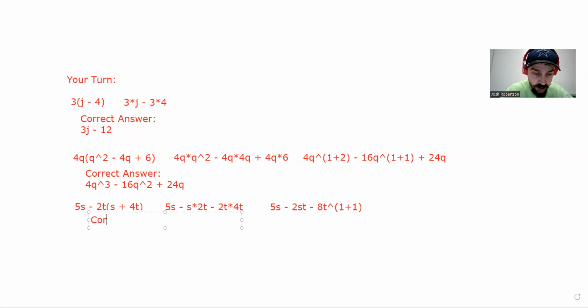So the correct answer for this one is going to be 5s minus 2st minus 8t squared, right? Now with multiple variable polynomials like this, it really does not matter.